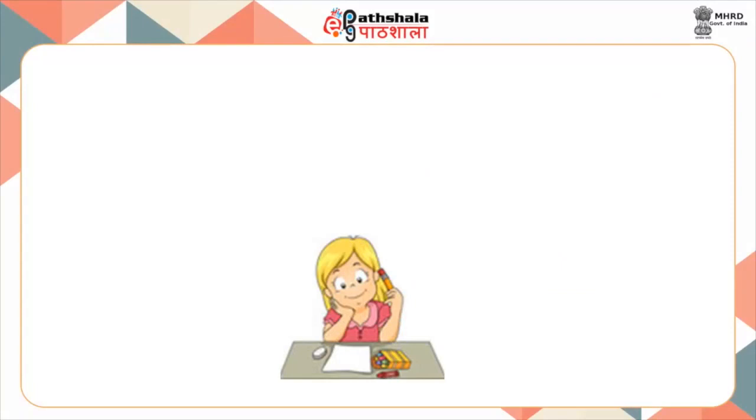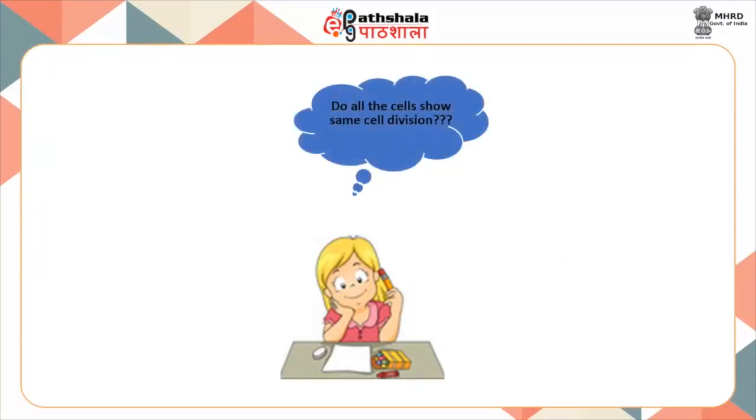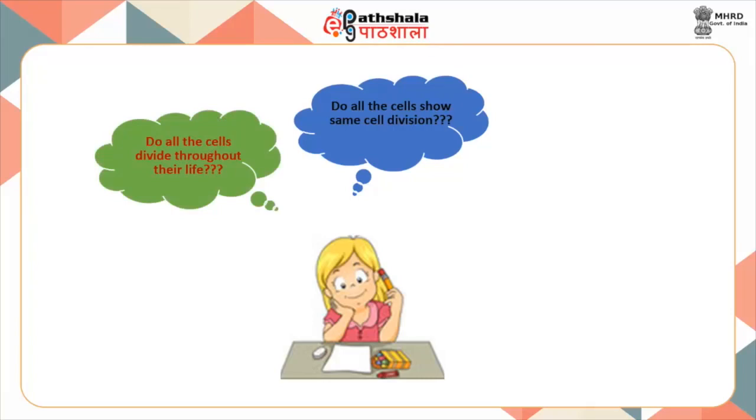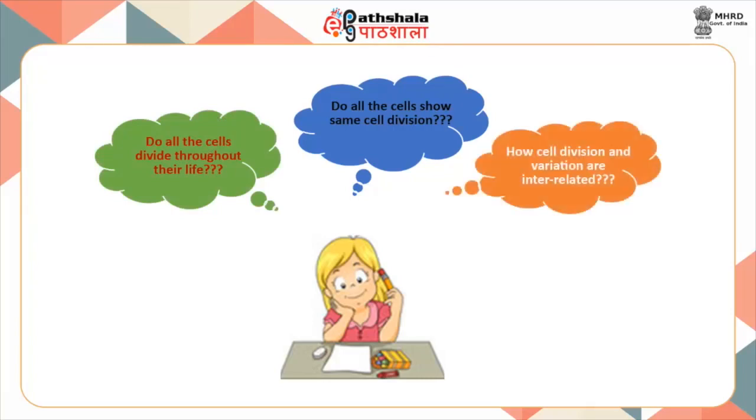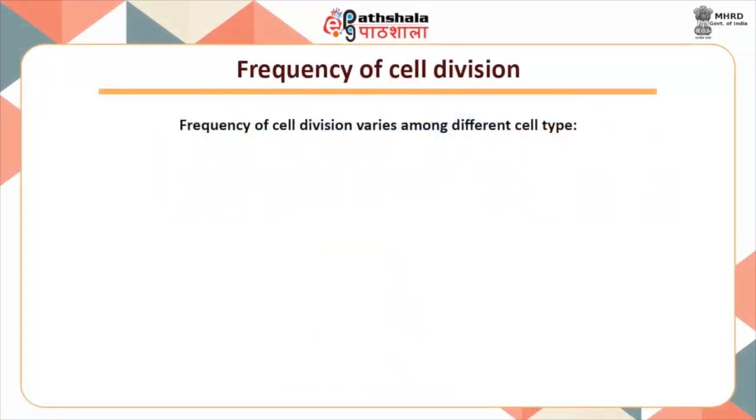Now, you must be thinking, do all the cells show the same cell division? Do all the cells divide throughout their life? Is there any connection between cell division and generation of variants? All your queries will be cleared very shortly. Frequency of cell division varies among the different cell types.